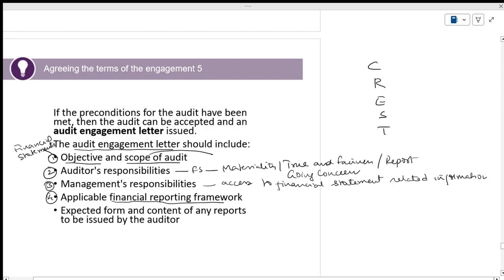When we say applicable, there is ISA, there is IAS, there is IFRS. But most importantly, people will forget about this: we have to follow the national law.